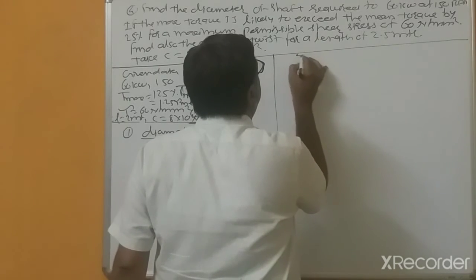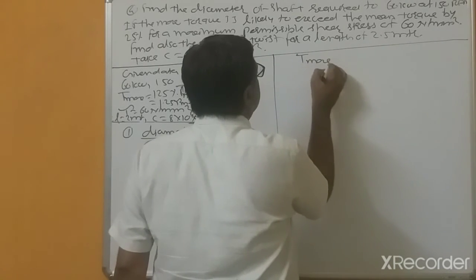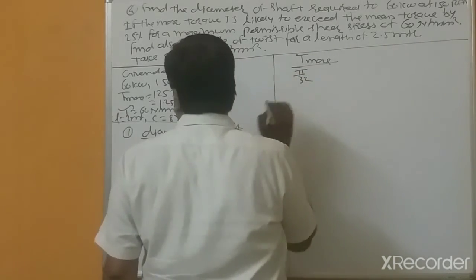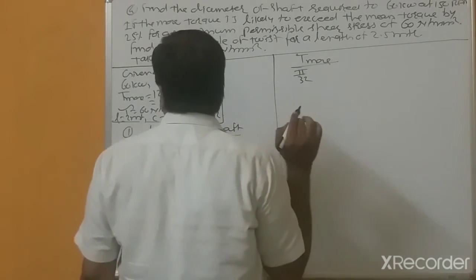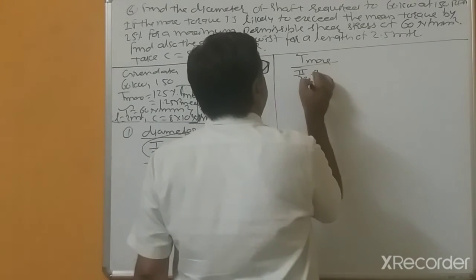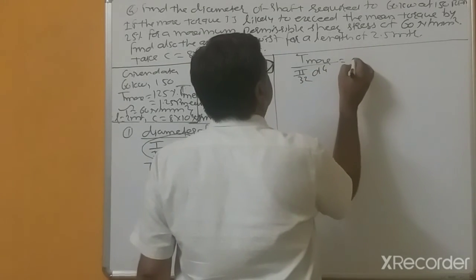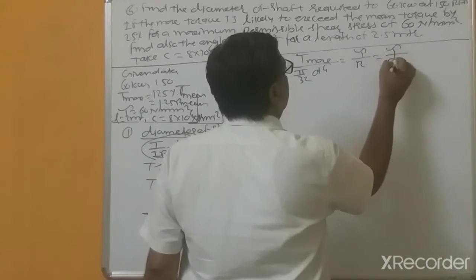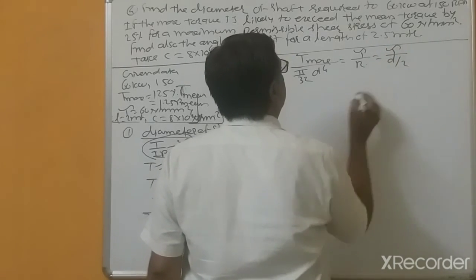Now by using relations, T max divided by pi by 32 D raised to 4, this is for solid, divided by D by 2.